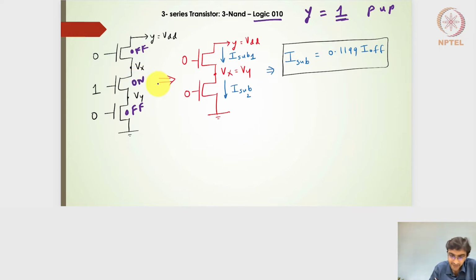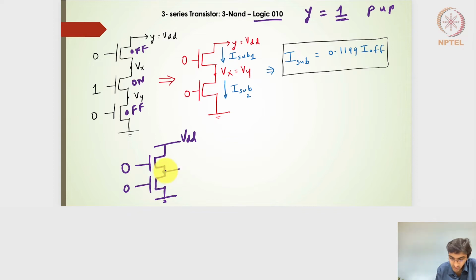Normally, when we see two stacked or three stacked transistors where the first transistor is off, and if I consider the transistor where both the transistors are off, one has noticed that for this particular node voltage, if this is an off transistor, I will have the subthreshold leakage current.